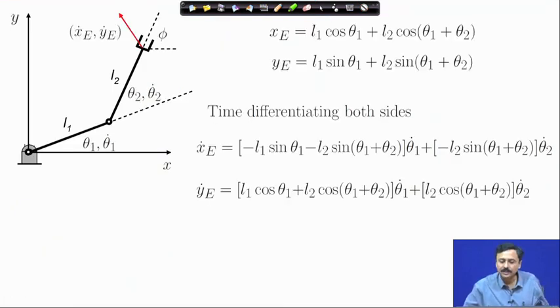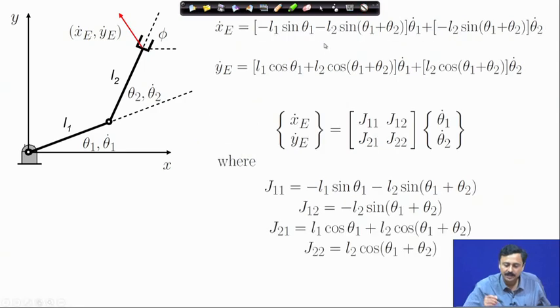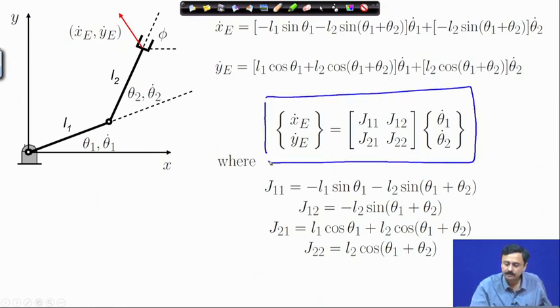So, we had started off with the forward displacement relations, differentiated with respect to time to obtain the velocity relations in this form, and finally, we had assembled these velocity relations in the form of this vector relation.